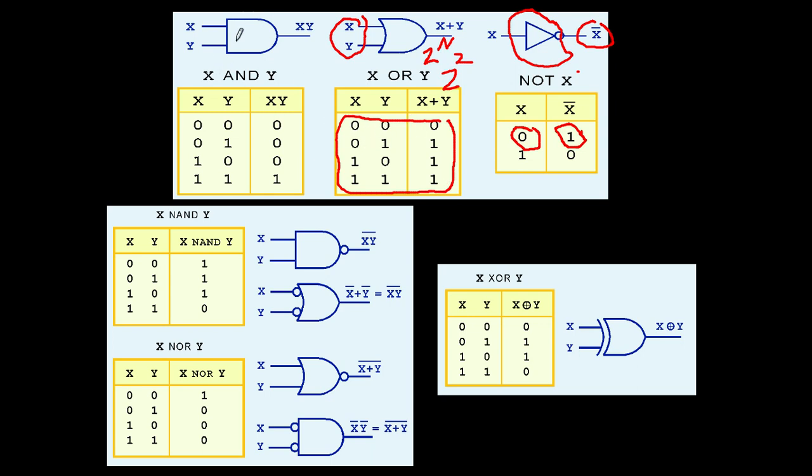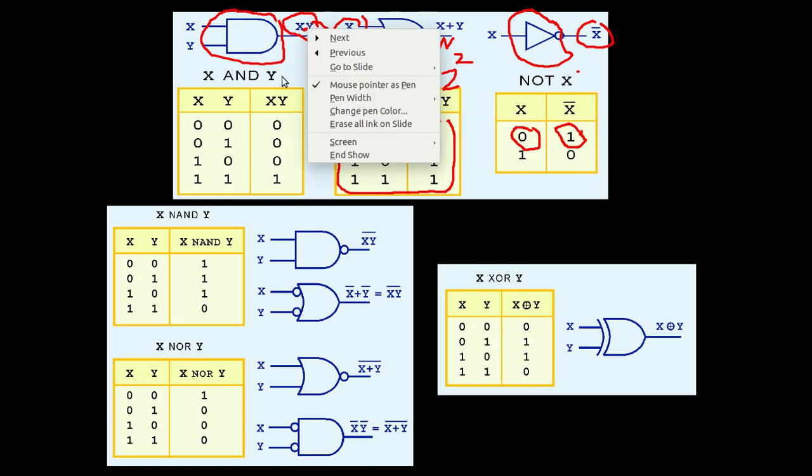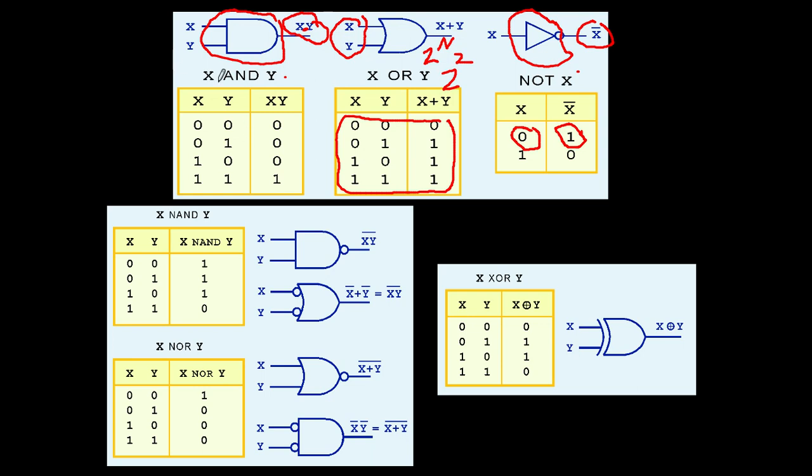Now the AND gate. I have an AND gate. This is the logic diagram. This is the Boolean expression, and sometimes you can find it written as a dot in between. And I have the truth table, which represents all possible inputs and all possible outputs.